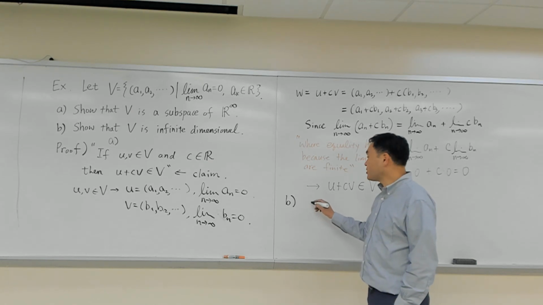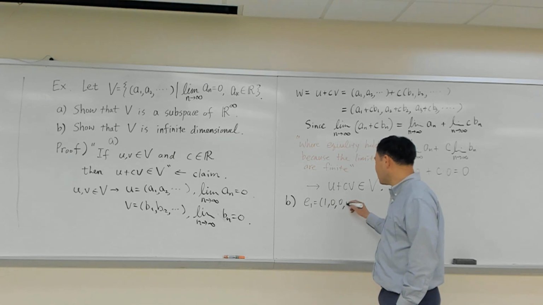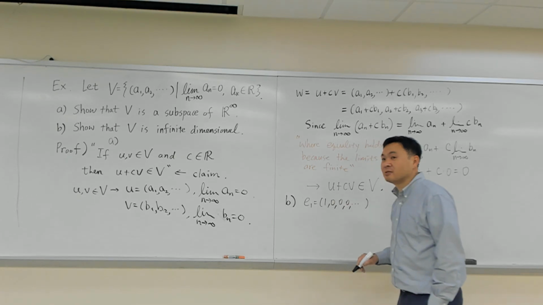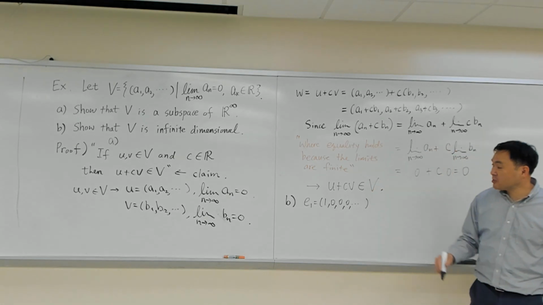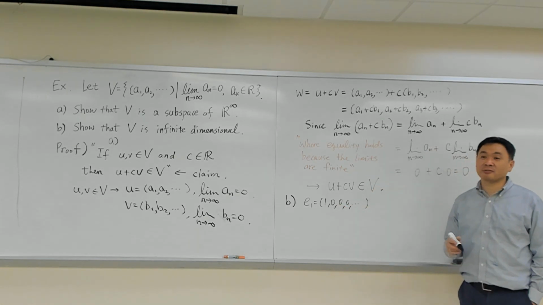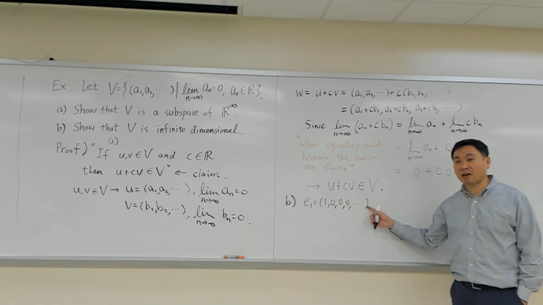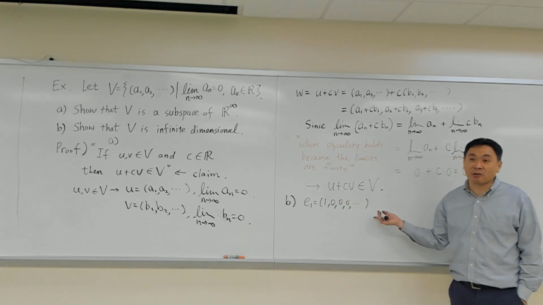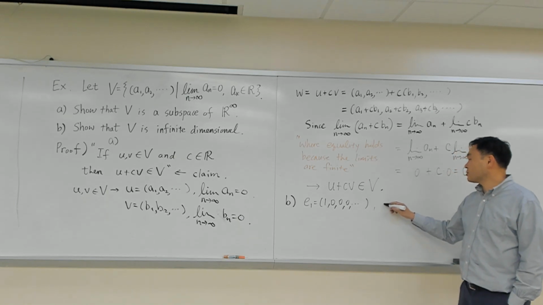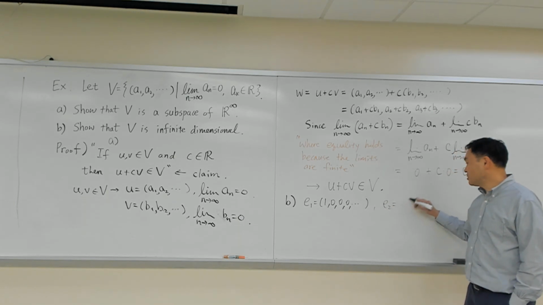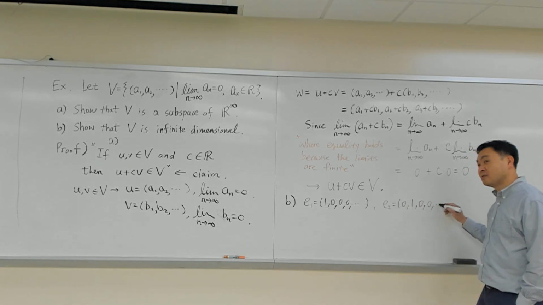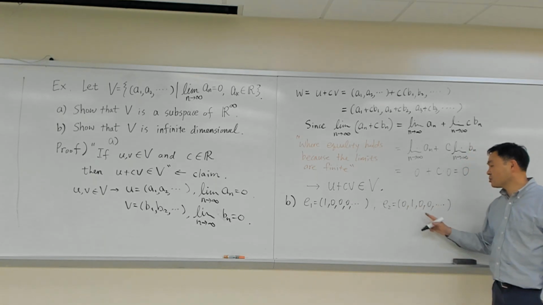So let's say E1 is 1, 0, 0, and so on. Now, does this satisfy the condition that the limit goes to 0? If you have zeros every time, then the limit is already 0, right? Okay. So E2: you just have 1 in the second spot and 0 afterwards.